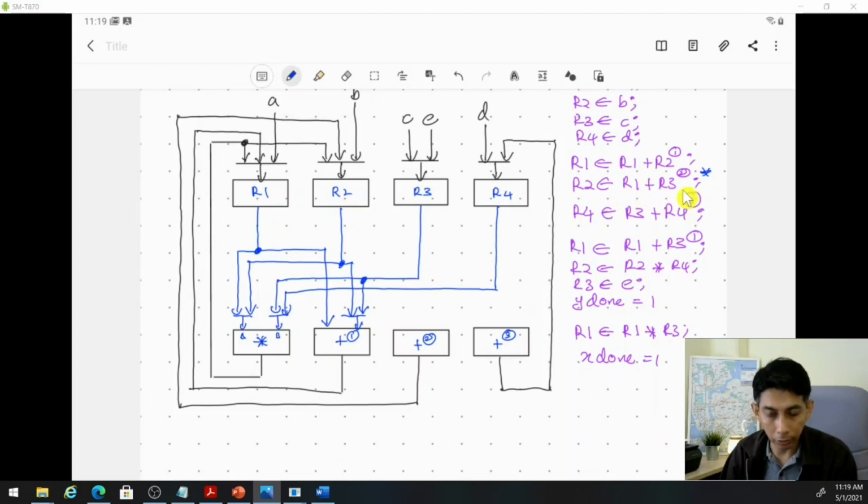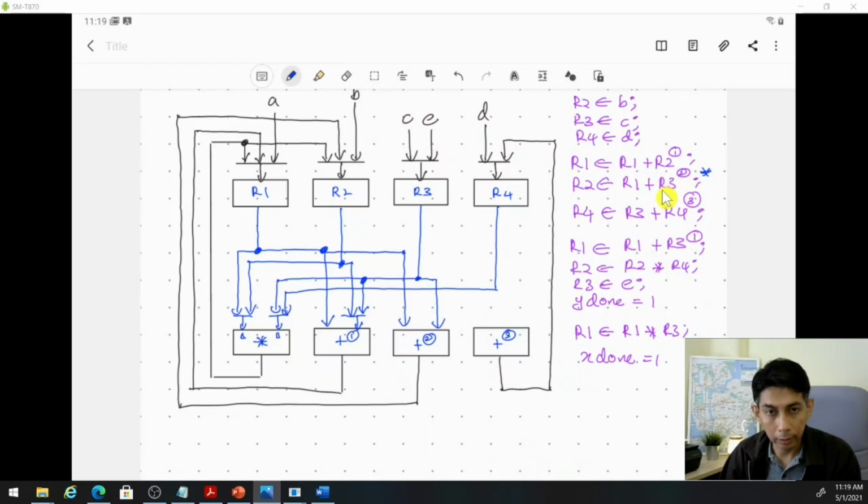R1 plus R3, so we can get R1 from here, and another one is from R3, so we can get it from here. So this is for adder number 2, very easy because we have one operation only, no need for a multiplexer.